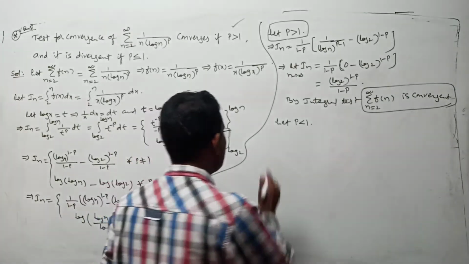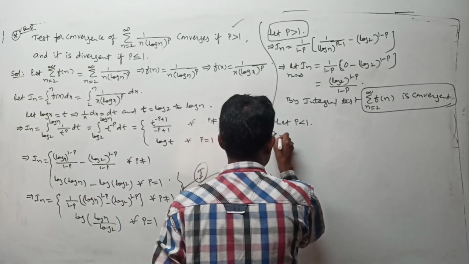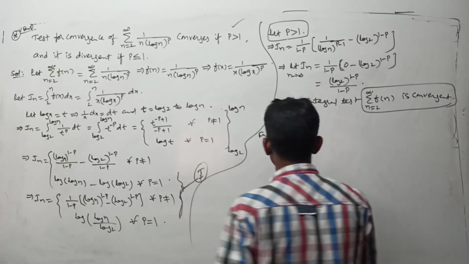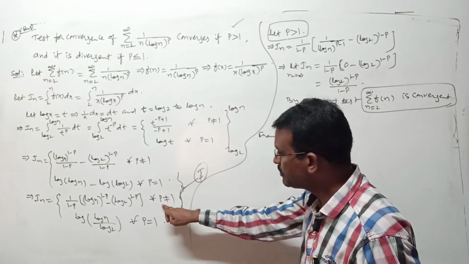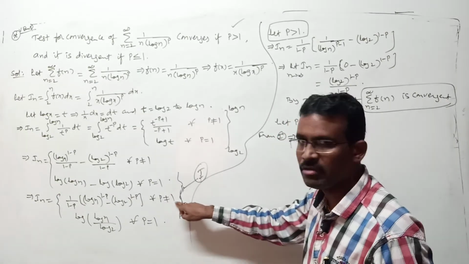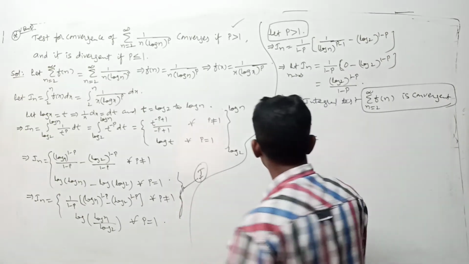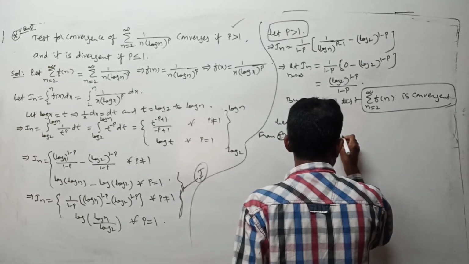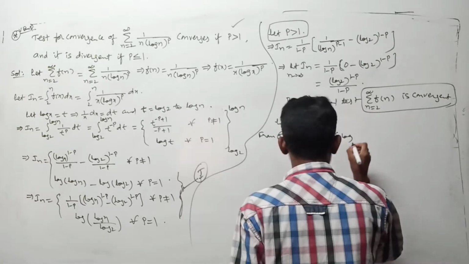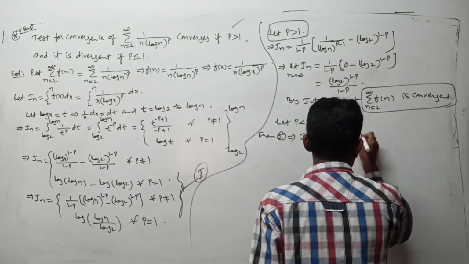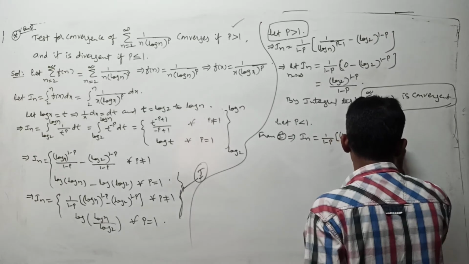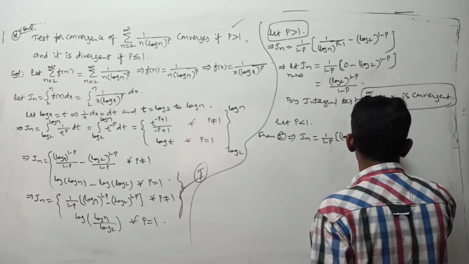Now from big expression 1, according to this, I_n for the p less than 1 case, which comes under the p not equal to 1 case, is 1 by 1 minus p into (log n) whole to the power of 1 minus p minus (log 2) whole to the power of 1 minus p.